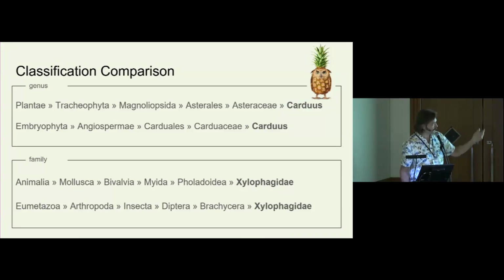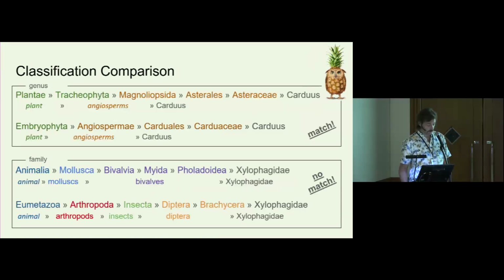We know by looking at it, it's a plant, it's probably the same thing, but just doing this programmatically is not straightforward. Similarly, there's a family down here, which is completely different. It's arthropods, mollusks. It's the same family name though, and they are different ones.